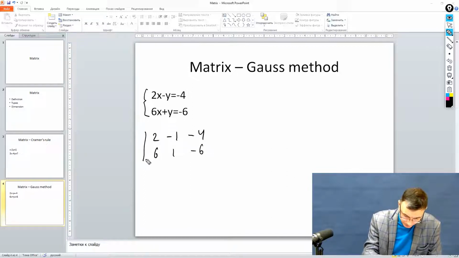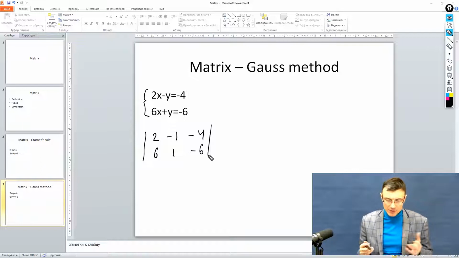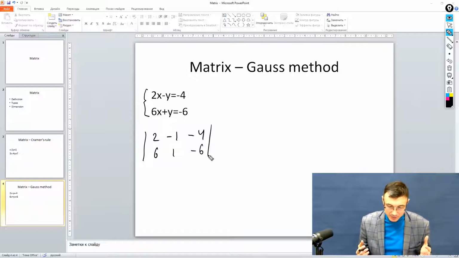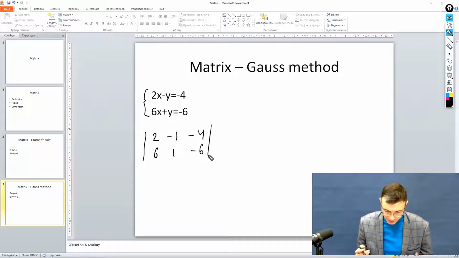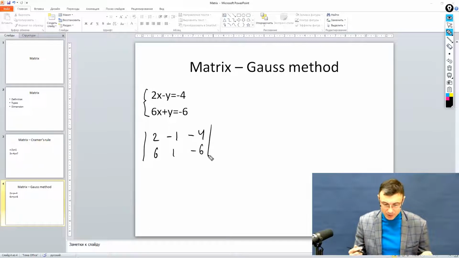So what can we do? We can multiply a row, we can add some numbers to other parts of the system, and we can replace it by the resulting system. There are several activities to do with it. So now the best way to eliminate x is to multiply the first equation by minus 3 and add the 2 equations.